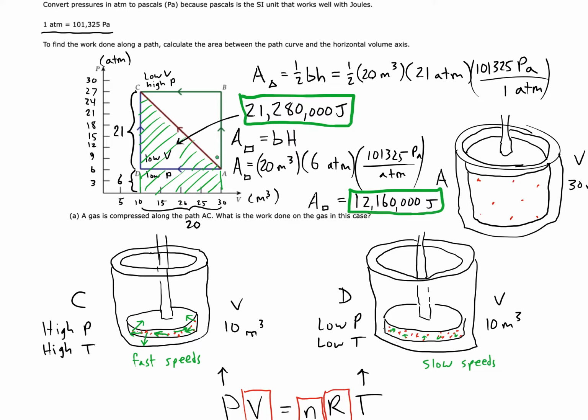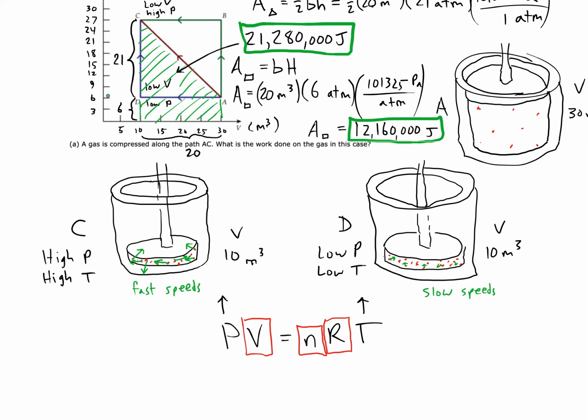It's easy to compress a gas that's at low pressure, much more difficult to compress it when it's highly pressurized. So I just want to add the two together. I get a total work done being 33,440,000 joules.